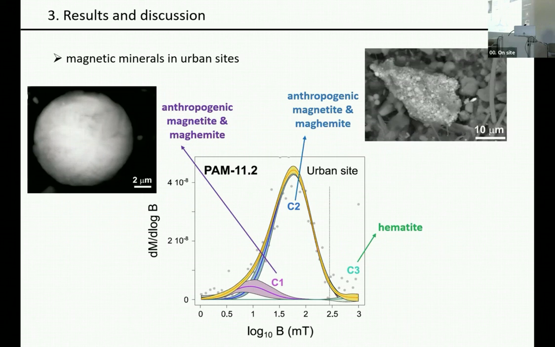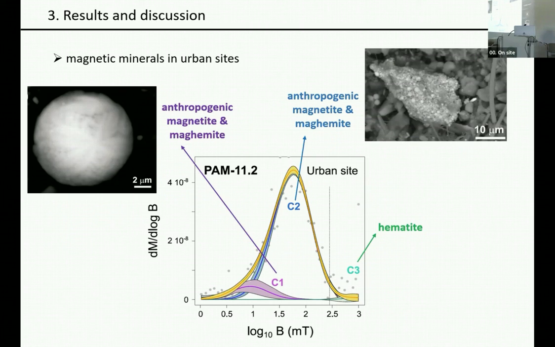And what you can see here is that this curve can be decomposed in three components. The first one is attributed to component 1, this C1 in purple here, which we associated with coarse anthropogenic magnetite and maghemite particles. You can see an example of very clear anthropogenic magnetite in this image.